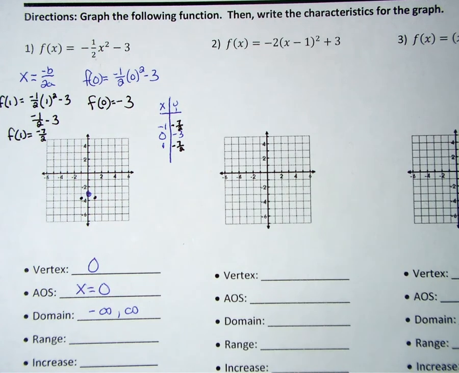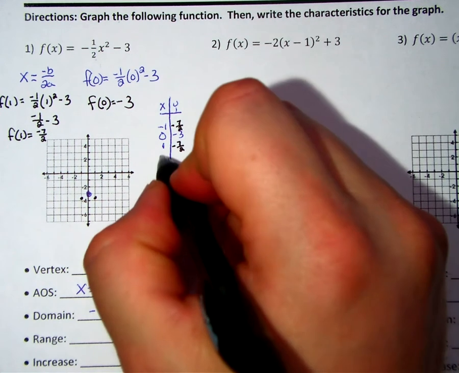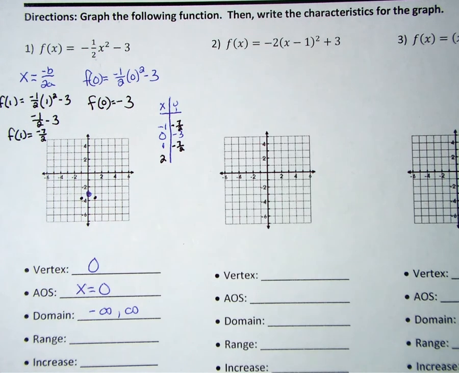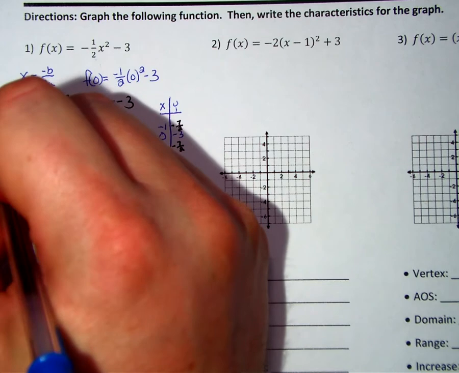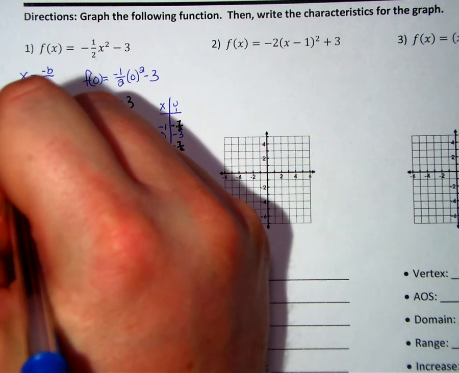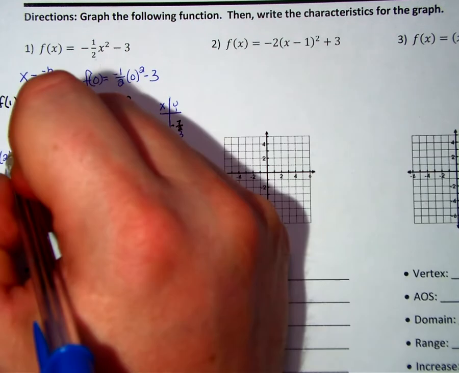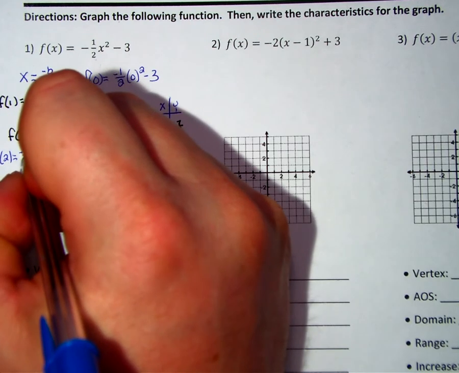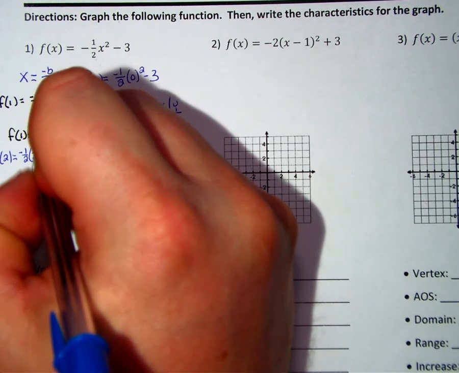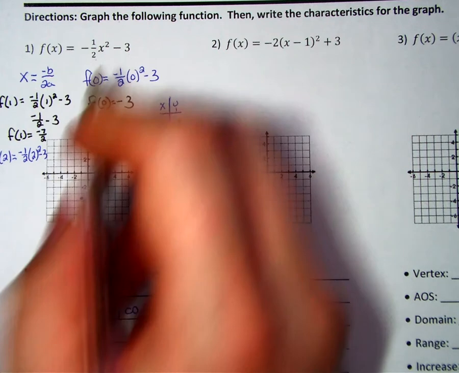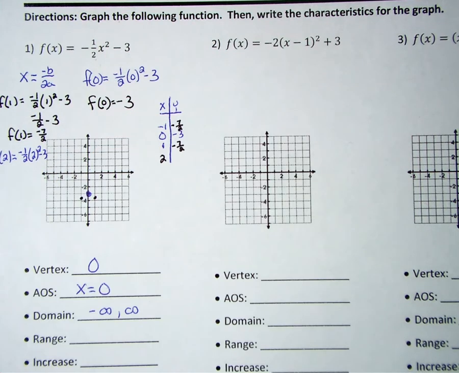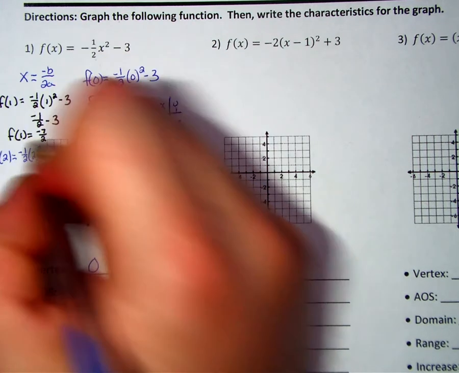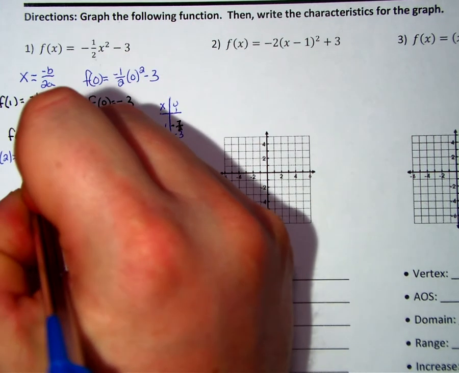Now we can certainly find out what happens when x is 2. Same process. We're now going to plug in f of 2 equals negative 1/2 times 2 squared minus 3. 2 squared is 4 times negative 1/2 is negative 2, minus 3.